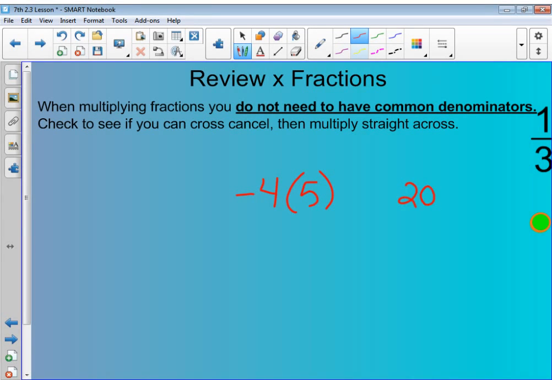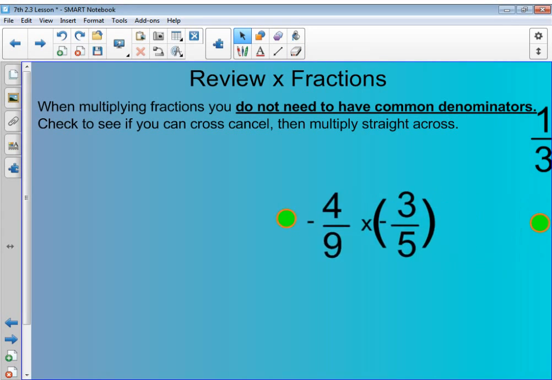And then when multiplying and dividing, we would go through and count the number of negative signs. So here there's only one negative sign between the two digits, which means that's an odd number. It makes my answer a -20. So this is when we worked with integers. We're going to use that same concept, only we're going to combine multiplying fractions and counting our negatives to decide if our answer is positive or negative.